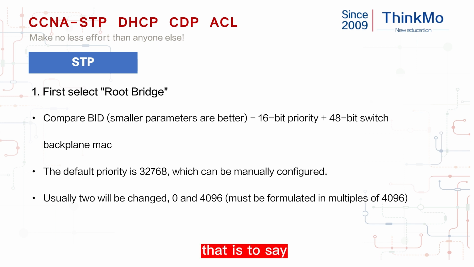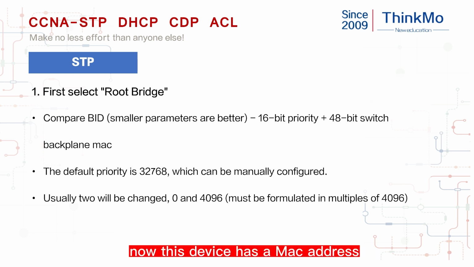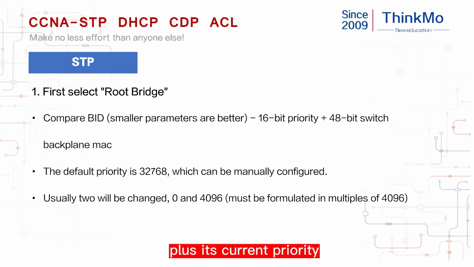That is to say, now this device has a MAC address. Then it will first use this MAC address, plus its current priority, to compare. This priority has a default value of 32768. Many parameters in the second layer default to this value.